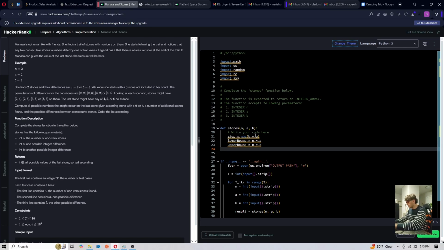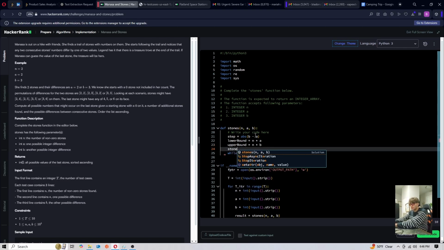So, while stone value is less than upper bound, stone value, no, lower bound, plus step.